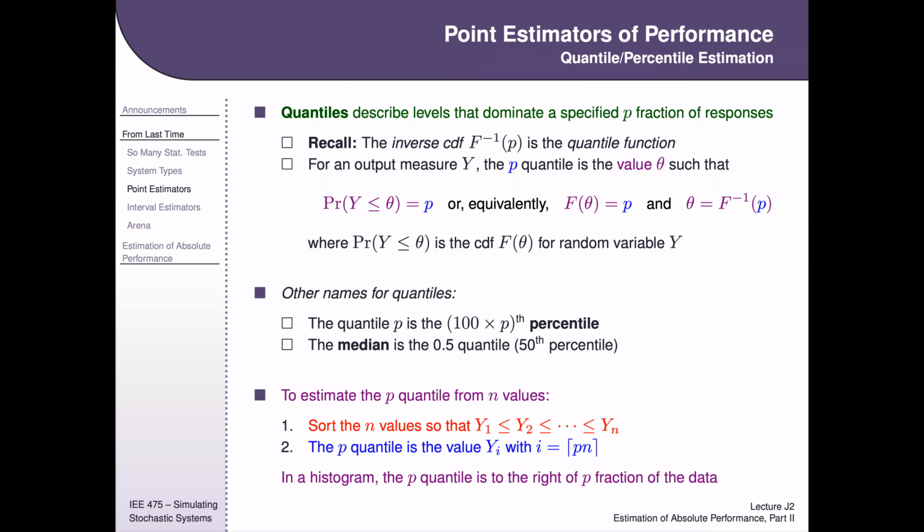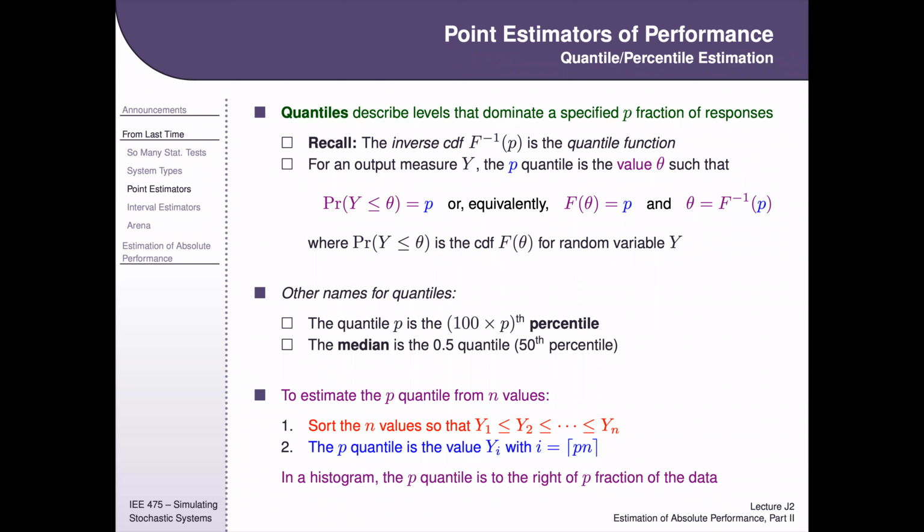Okay. All right, then quantiles. The inverse CDF of any distribution is also called the quantile function. A quantile is a value, theta, for which the probability that all other values are less than that value is equal to whatever quantile they've asked for.